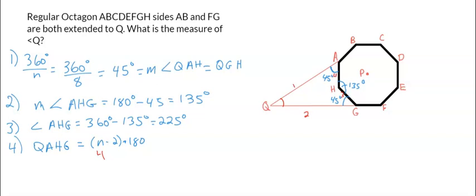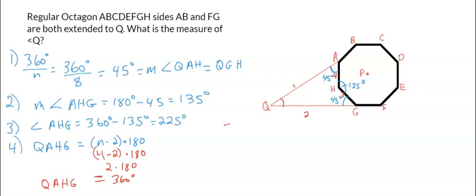Those are the 4 sides right there. So that's why it's 4 minus 2, which is 2 times 180, which is 360. Okay. So QAHG is equal to 360 degrees. Okay. So this whole thing there.